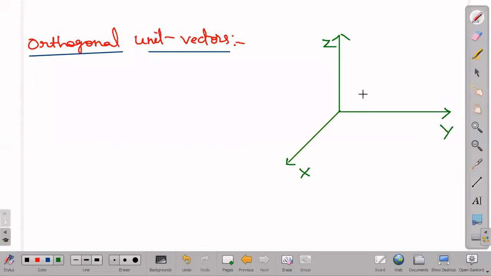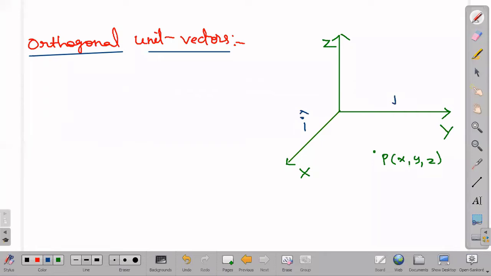Now, if we locate any point P over here, three coordinates x, y, z are required to specify the point P in the space. If it has a value x along the x-axis, then to specify the direction, we will be using I cap. So I cap indicates the direction along the x-axis.